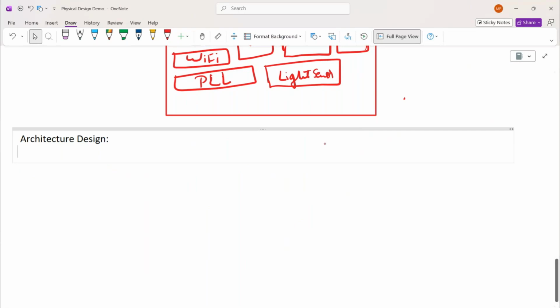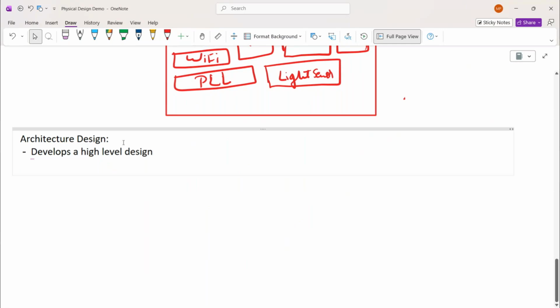Here the architect develops a high level design. High level design means block level design, not in detail, but he will know that these many blocks may possibly be present in this particular IC.